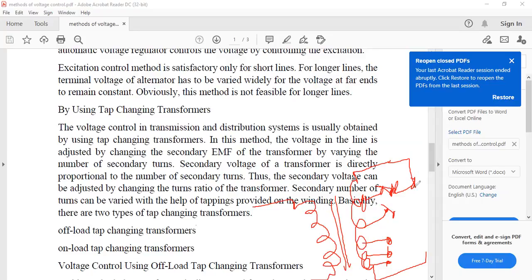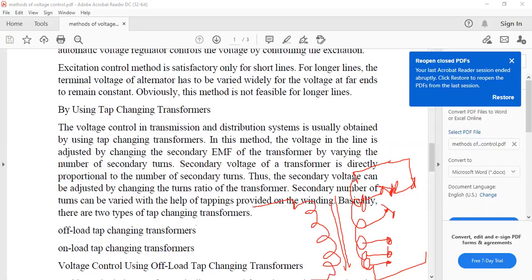By adjusting these tappings, we can adjust the EMF of the secondary by varying the number of secondary turns. We can directly change the secondary turns, so by using this tap changing we can adjust the turns ratio. If the turns ratio changes, obviously the voltage or EMF generated in the secondary will change.